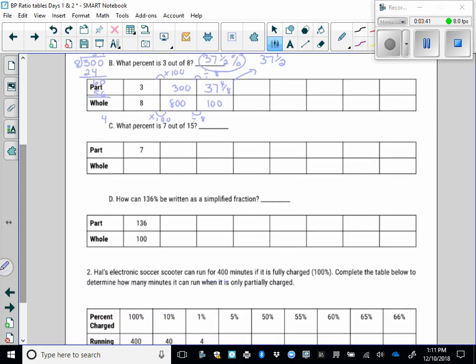The next one, what is 7 out of 15? So this one, you have to put the whole in for yourself. Still want to get to 100. So there's different things we could do. Some people might times by 100, try that strategy.